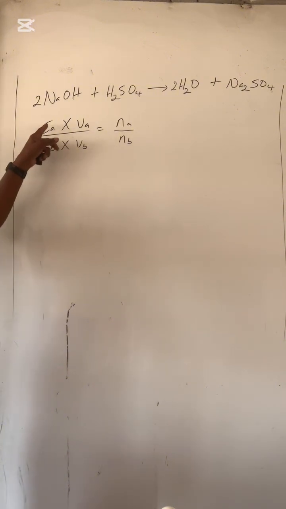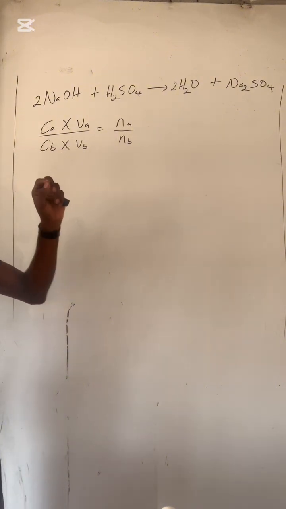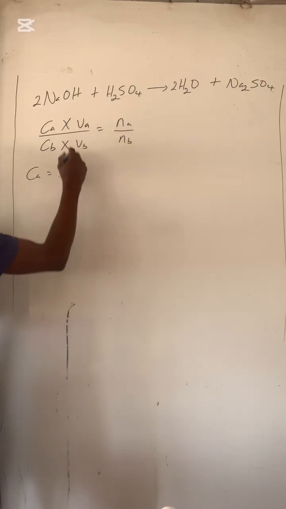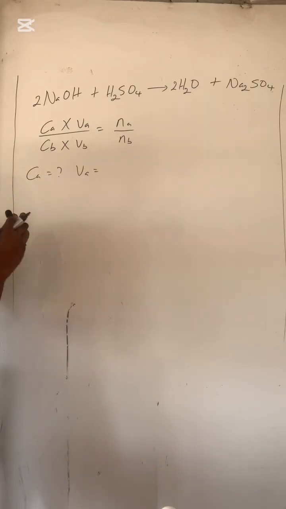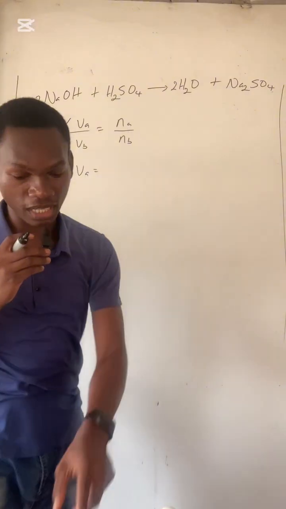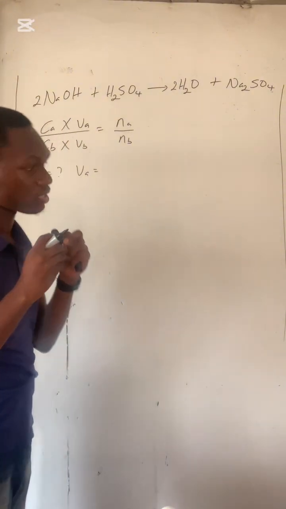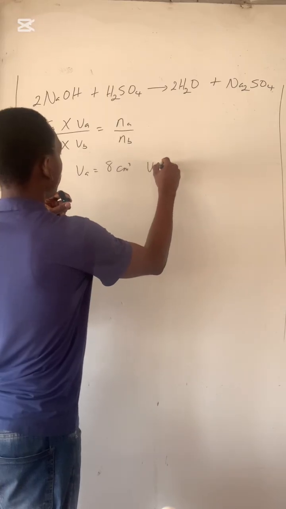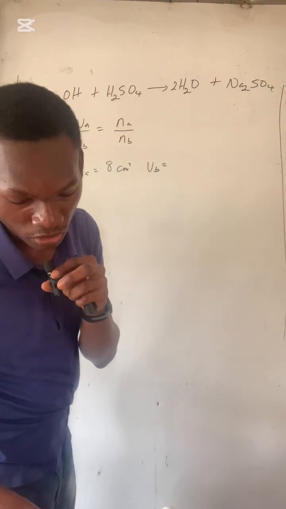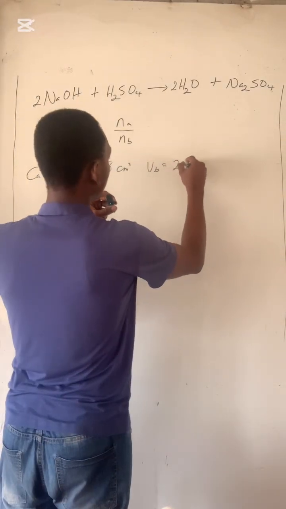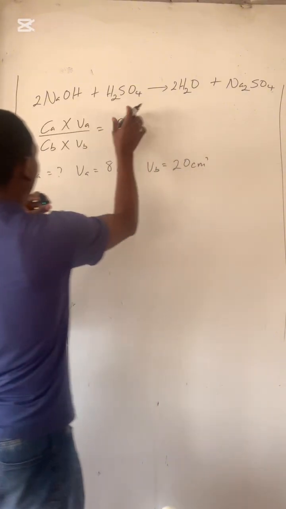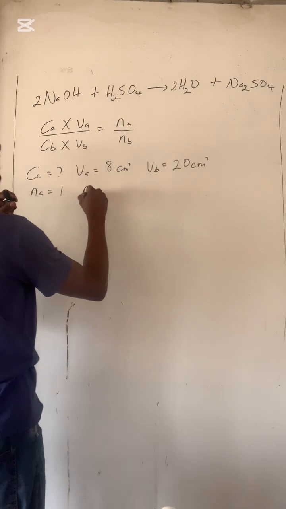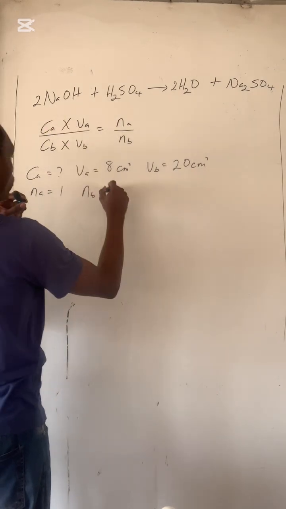The Ca simply means concentration of acid in mole per dm³, which we are asked to find. The volume of the acid that was neutralized by the base was given to us as 8 cm³. The volume of the base was given to us as 20 cm³, right? Now, what are the numbers of acid and base in the balanced equation? The acid is 1. The base is 2.